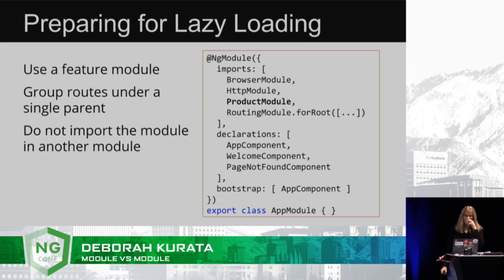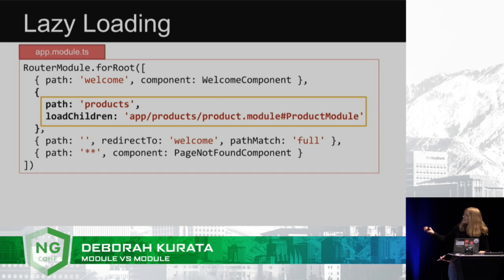And lastly, we need to not import the module into any other module. So right now we're importing product module in. We need to remove that because otherwise when we bring down our app module, it's going to say, oh, I need product module, and pull it with it, which kind of defeats the entire point of lazy loading. So we need to make sure that before we do what John Papa said, we do these three things first. Then we can do, and this is the same syntax that John showed, we specify our path.